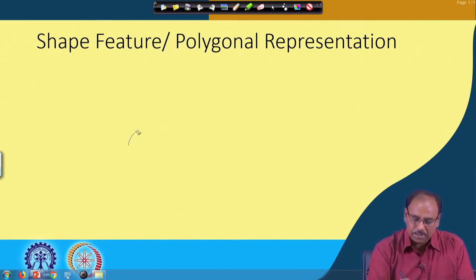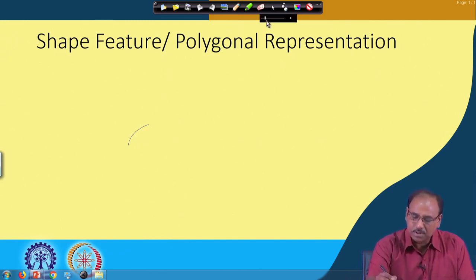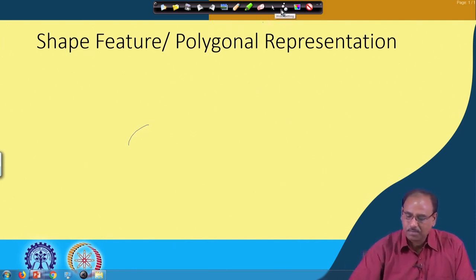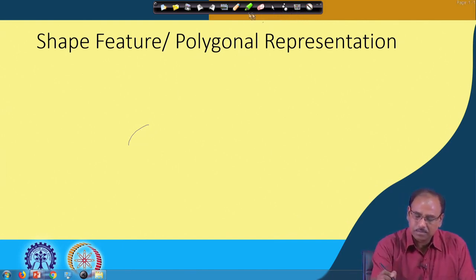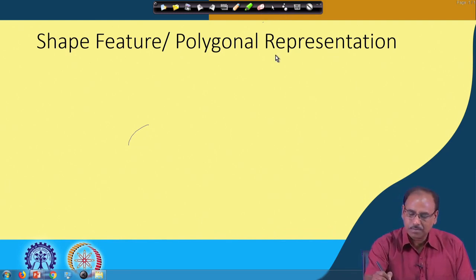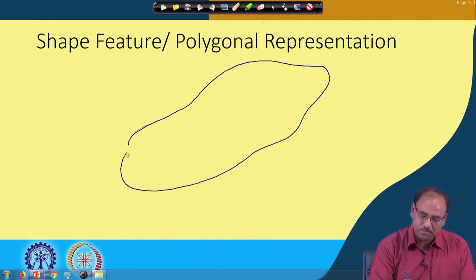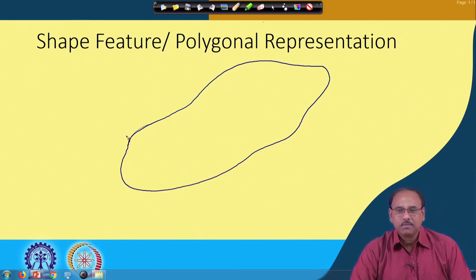So, I take a boundary shape something of this form. Let me change the size of the pen. Suppose I have a shape of this form, which is a closed boundary.